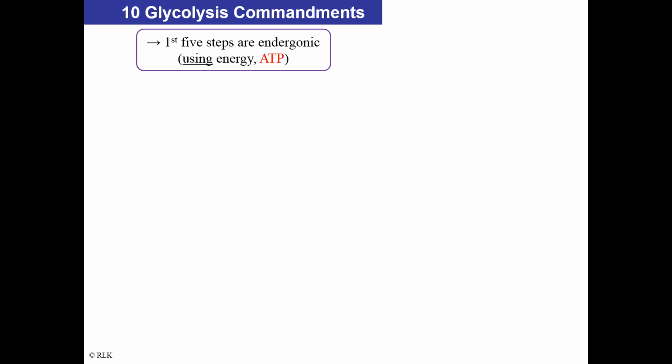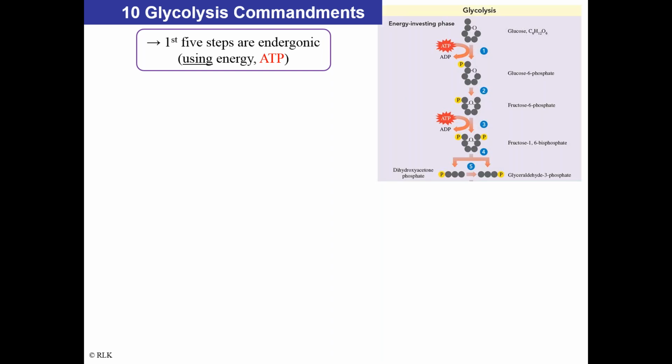They're going to use up ATP, any kind of ATP currency or ATP-like currency that is going to be available, which is necessary for getting this feedstock into a manageable form where it can then proceed to give us energy.